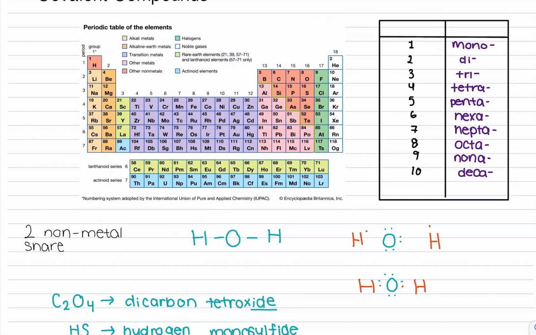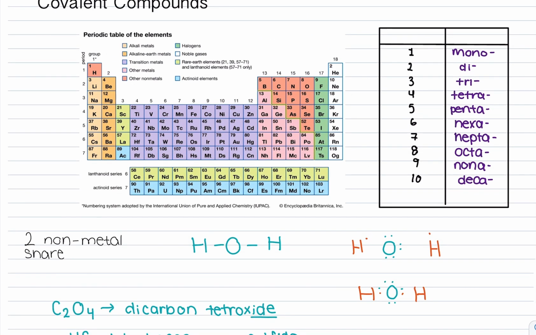So that means we're going to need a prefix. And if we look at our table up here, the prefix for 5 is penta. So we're going to have penta first. And then that was phosphorus. So it's going to be pentaphosphorus.